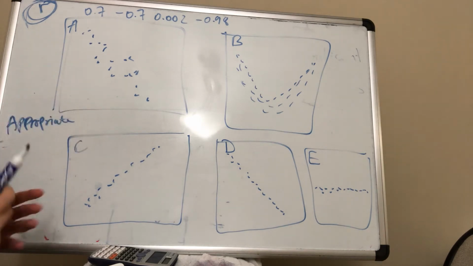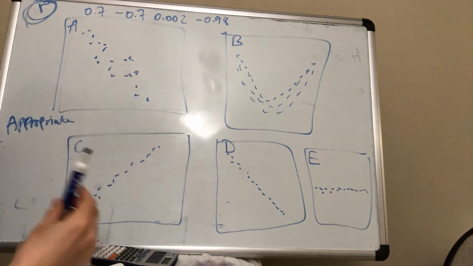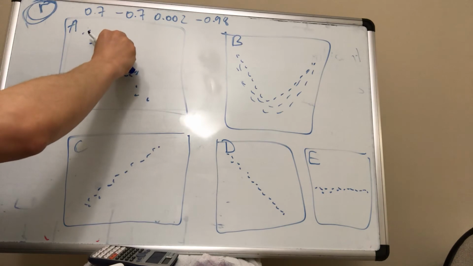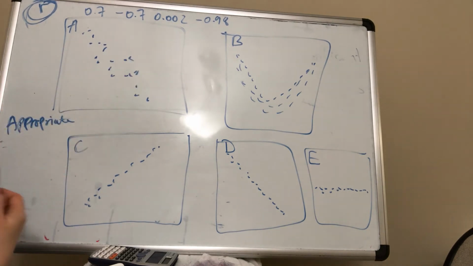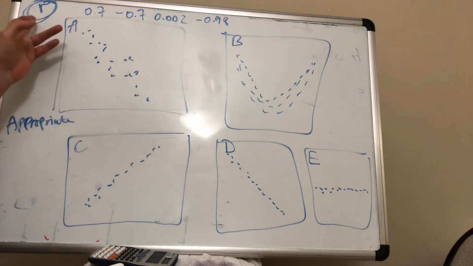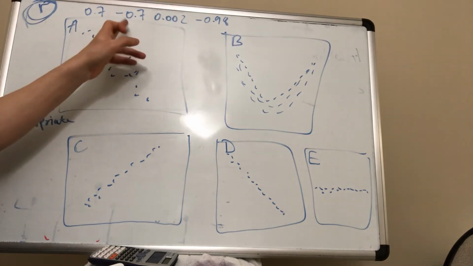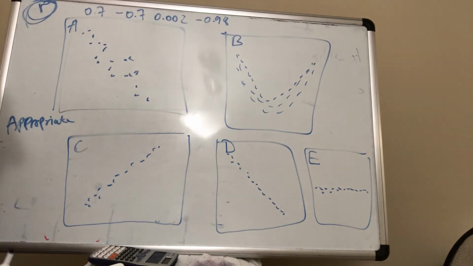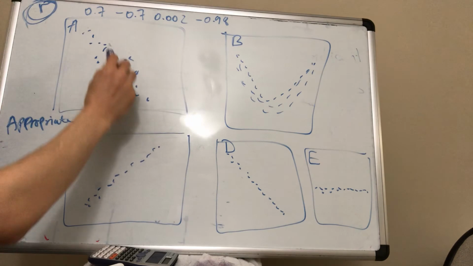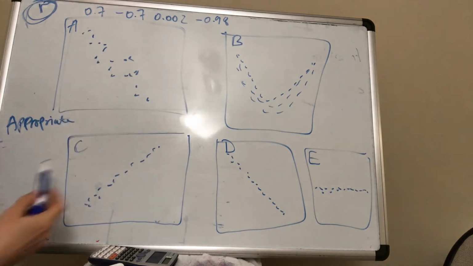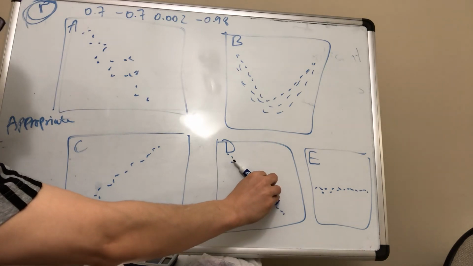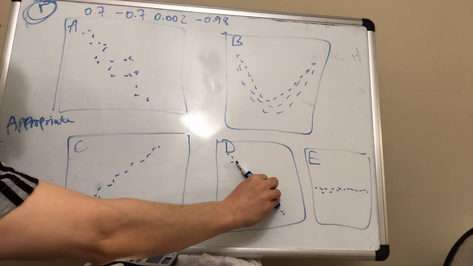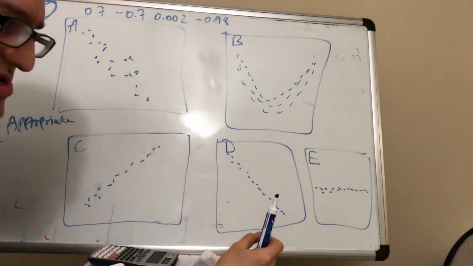Now, if you look at this one, try to imagine a straight line close to all the points. A straight line that's close to all the points would be a line like this, going down. So once I know it's going down, I know that my R would be negative. So I'm between this one and this one. The points are very close to each other, similar to this one going down, so a straight line would be probably perfect here. All the points would be very, very close to the straight line.